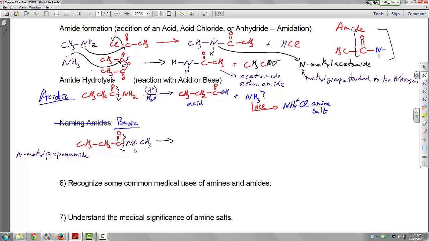So in this case, the acid is this 3-carbon acid again, CH3, CH2. I'm going to draw it in a slightly different way. Draw it like that, COOH. Plus the amine. Okay.